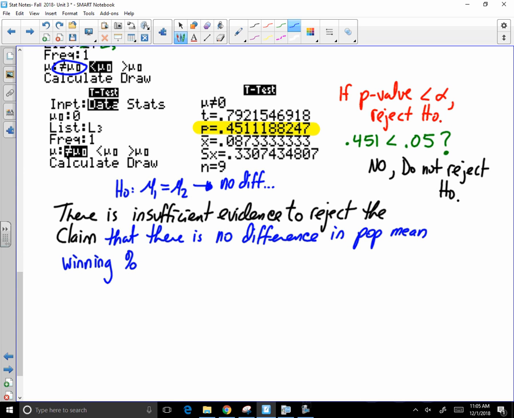But the more specific you are, the better off you're going to be in terms of your comfort level. But this is good enough for me. This tells the story. Specifically at the 0.05 significance level.